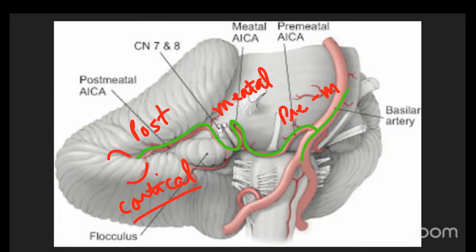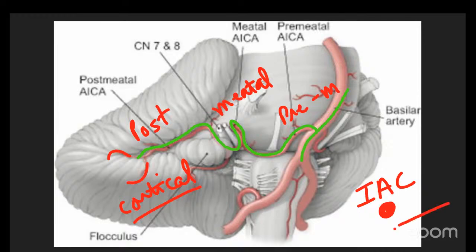I am audible, right? Yes. What we mean by meatal is we are dividing the sections of AICA before, around, and after the internal acoustic meatus. So this is your internal auditory canal. This is your benchmark. The AICA before it is the premeatal AICA.